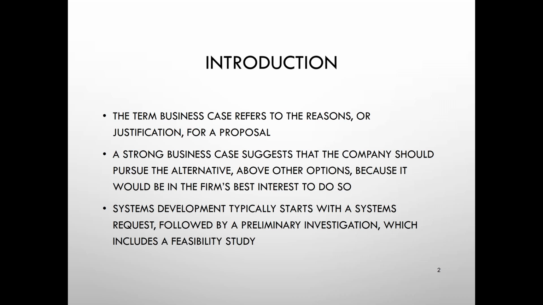Also, when we talk about system development, it typically starts with system requests, followed by preliminary investigation, which includes a feasibility study inside the preliminary investigation itself. So in order to conduct the system development, we need to have strategic planning as well.